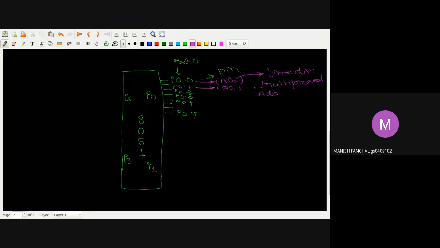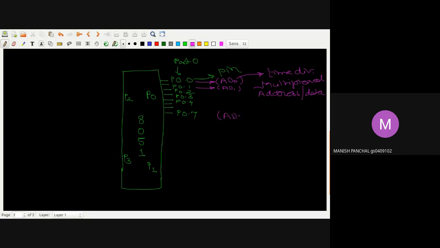So you have seen here that this P0 can handle IO, whatever input and output device you can connect, as well as act like a multiplexed address and data bus. Here this is only AD7.